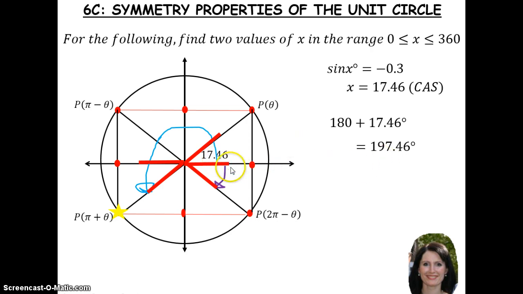That's a lot of effort. Why not just say it's 360 degrees all the way around the circle minus that angle? And we know that angle is 17.46. I want to get to that star. Let's see, 360 minus 17.46 equals 342.54. So what that's telling me is that sine 342.54 degrees is going to give me a length for sine of negative 0.3.